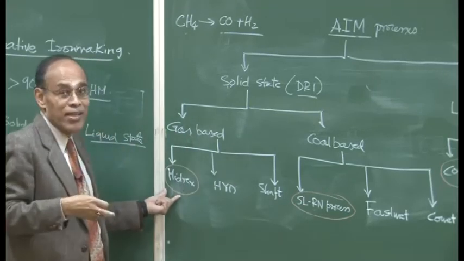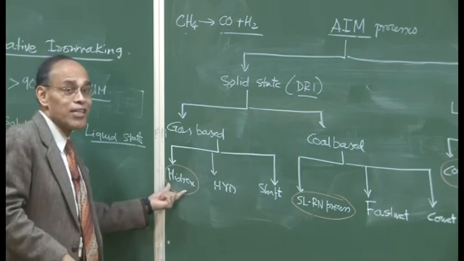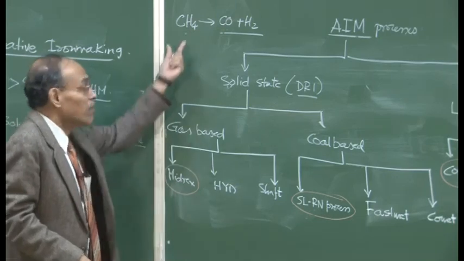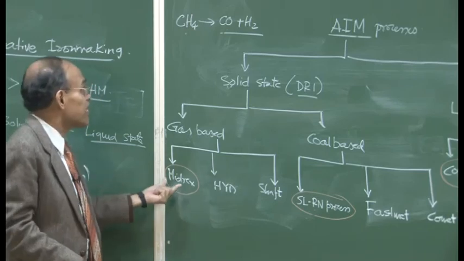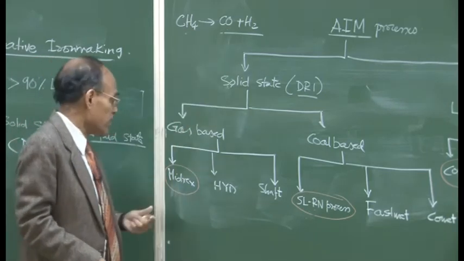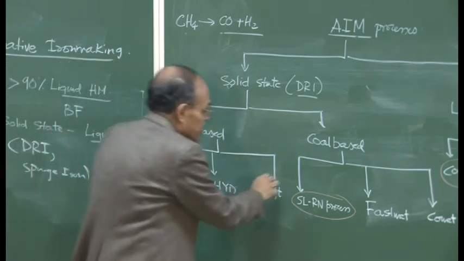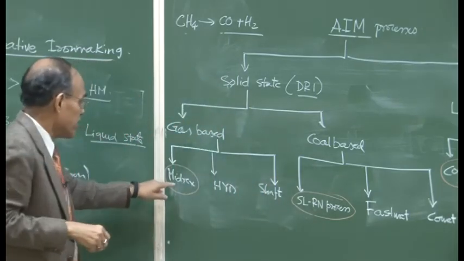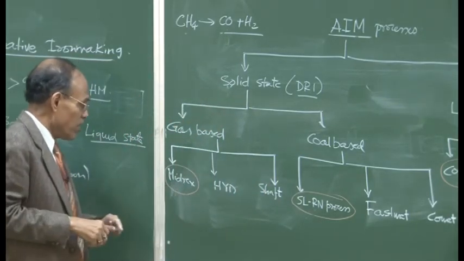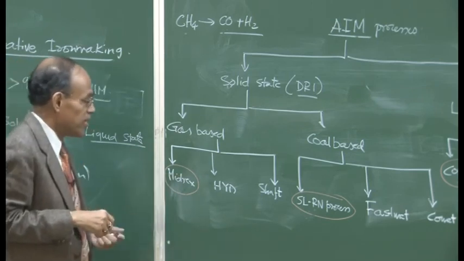But there could be a gas pipeline directly from the sea conveying the natural gas, and you can thus obtain very easily, at a cheap price, the reductant as well as the fuel for the process itself. So, in the eastern region we will have mostly coal based plants, and on the west coast we will have only gas based DRI plants.